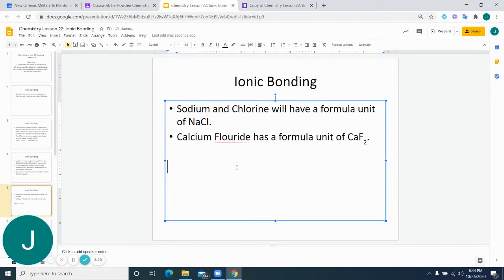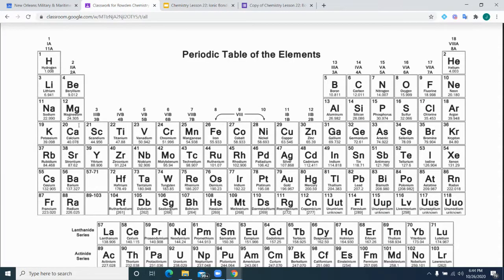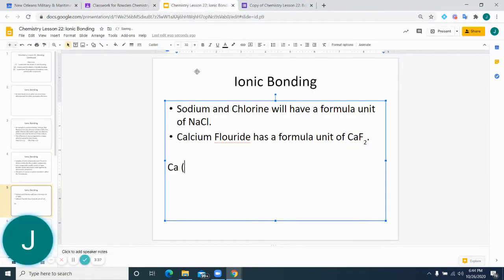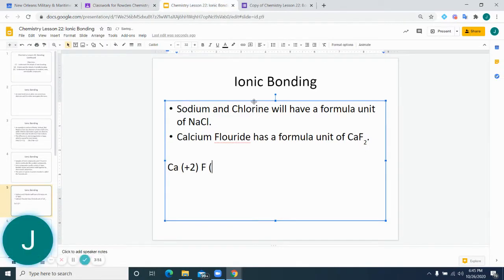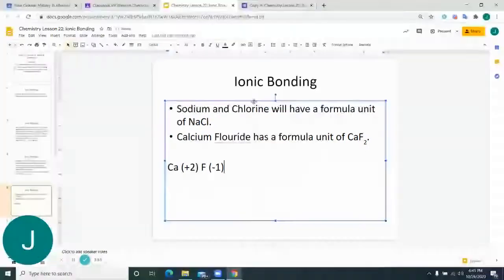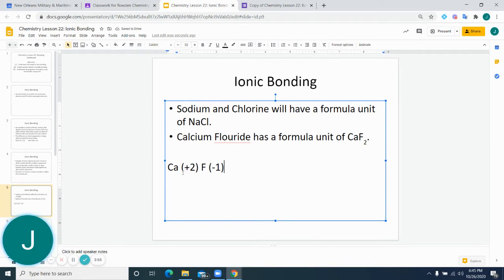Now let's do calcium fluoride. So calcium, Ca, let's look at what it's going to be. It's right here in group 2, so it's +2. And then fluorine is over here, and it's going to be -1. Okay, so let's think about, is this balanced right now? No, it's not.